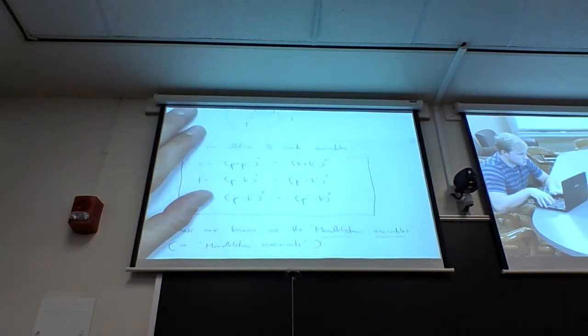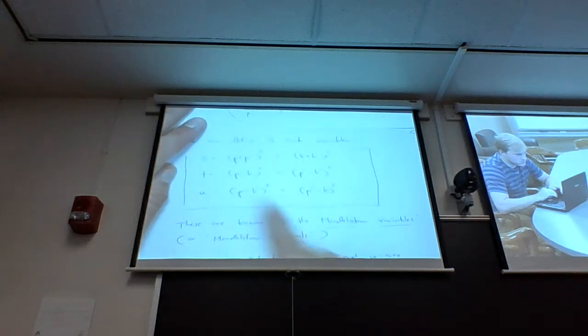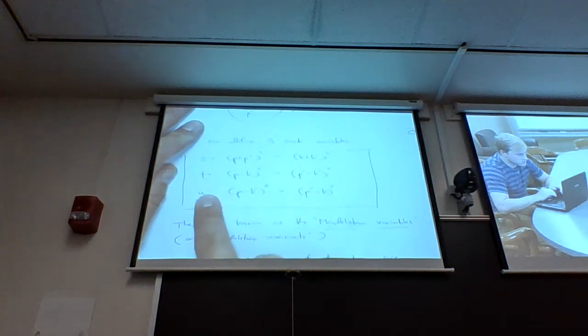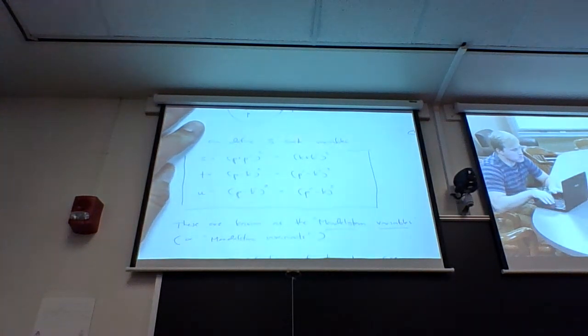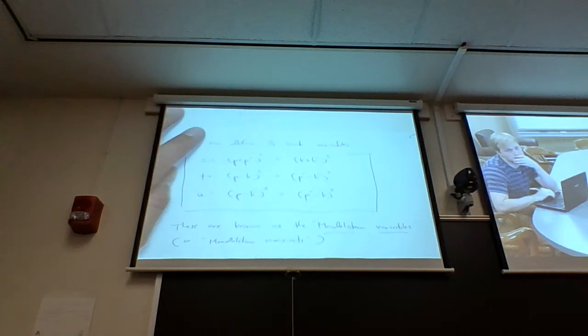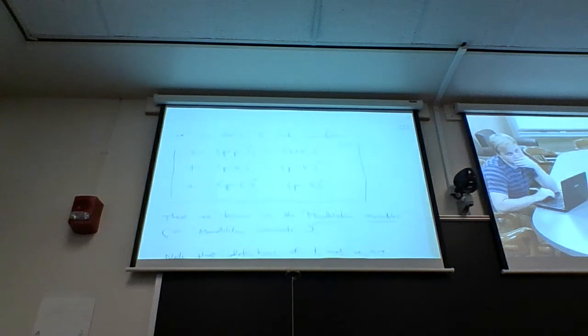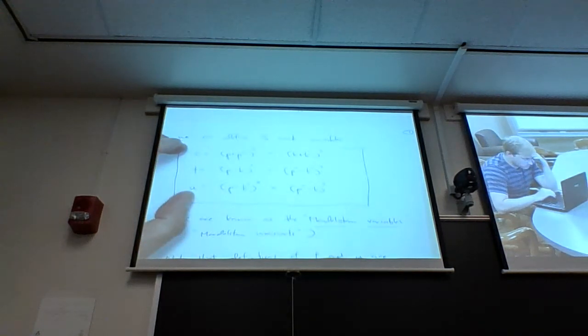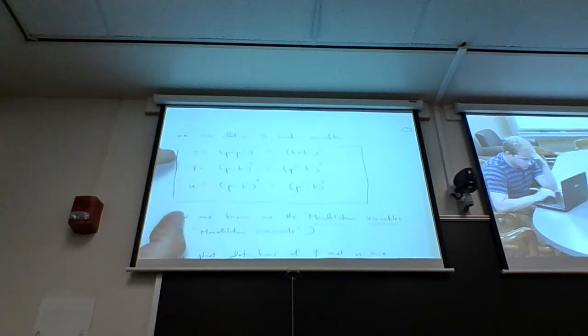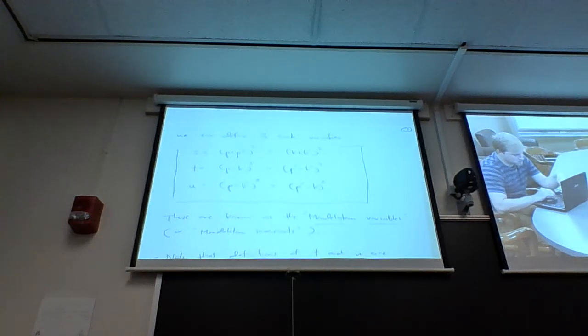It's just convention, so what you call T and what you call U is up to you. So these are the Mandelstam invariants. They're invariants because they go like momentum squared, and they're nice because, like I said, they'll make our expressions a lot more compact.